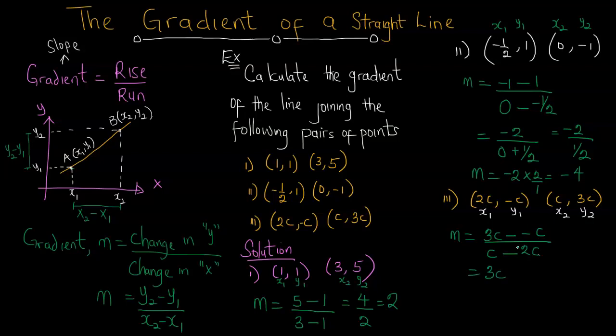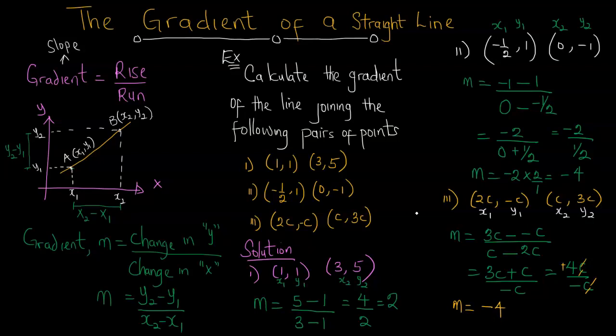So this is 3c, negative negative is positive, divided by c minus 2c is negative c. 3c plus c is 4c, divided by negative c. So here, c can just cancel c. So we've got a positive 4 here and a negative 1. Positive divided by negative is a negative, so this is negative 4.